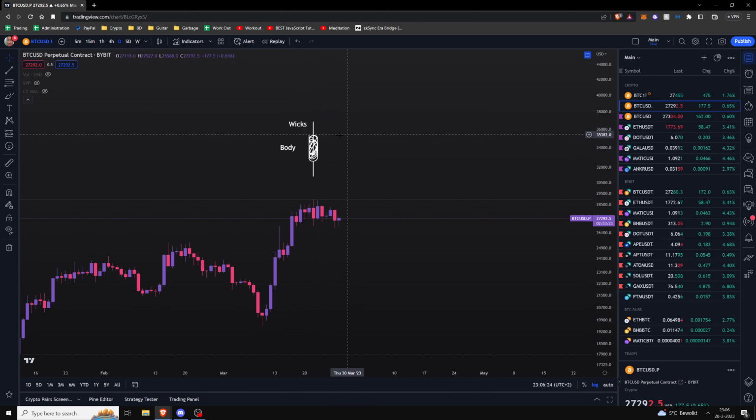Essentially the body is wherever price opens. So if we got a green candle, or in this case they're purple because I'm fancy like that, price will open down here. This would be the opening price, and I'll make that green. So this is where the candle started.